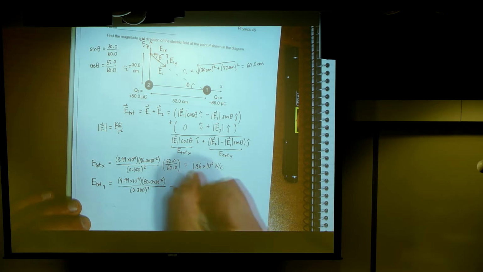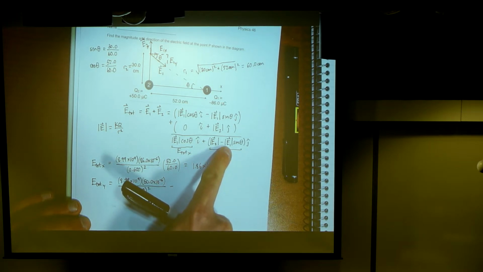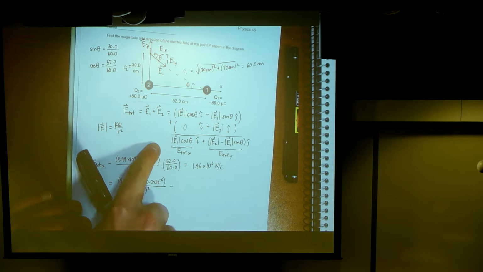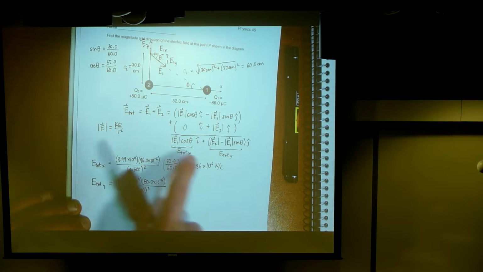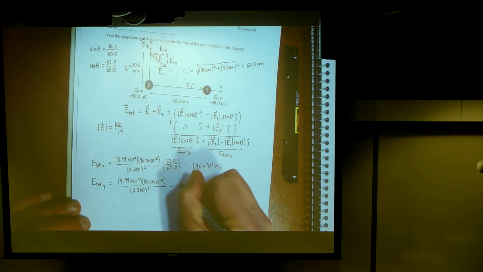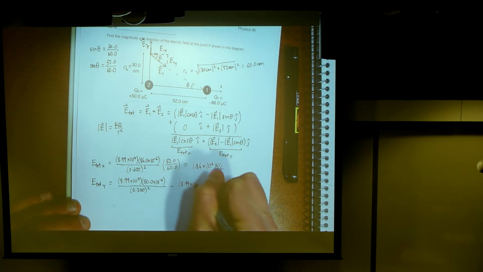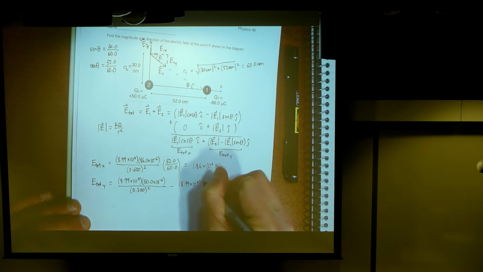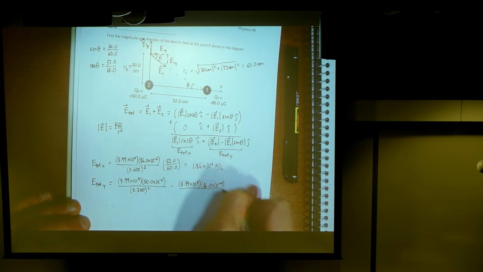Then we subtract the magnitude of E1, which is actually just this whole thing we wrote down earlier, right? But this time picking up a factor of sine theta. So just to repeat, we have 8.99 times 10 to the 9, and then we have 86 times 10 to the minus 6, and then we divide by 0.6 squared.